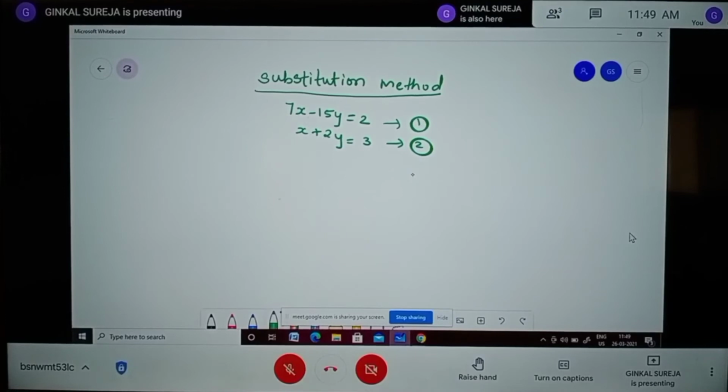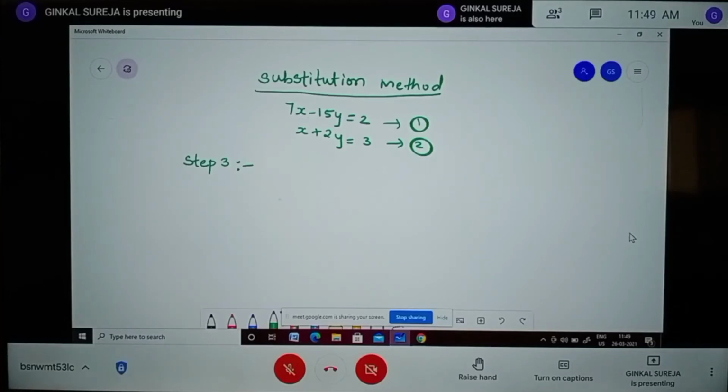So now the next step, that is step 3. In step 3, whatever the value of y we got, we will substitute in any one of the equations, either the first equation or the second equation, to get the value of the other variable, that is x. So you can choose any one of the equations.